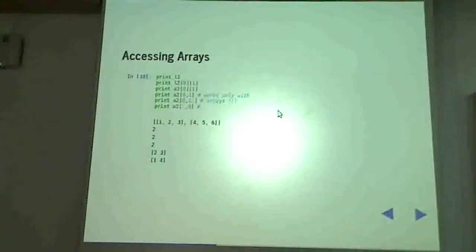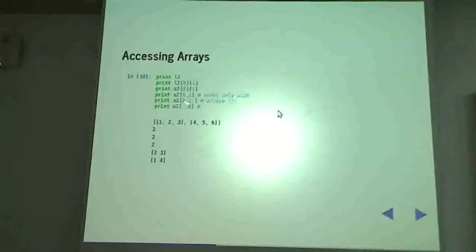Here you specify along the first dimension which element you want, and along the second dimension which element you want. You can also specify that along the first dimension I want the first element, and along the second dimension 1 colon, that means you start with the second element and print all values. So 0 means it will take 1, 2, 3 and it is going to print 2 and 3.